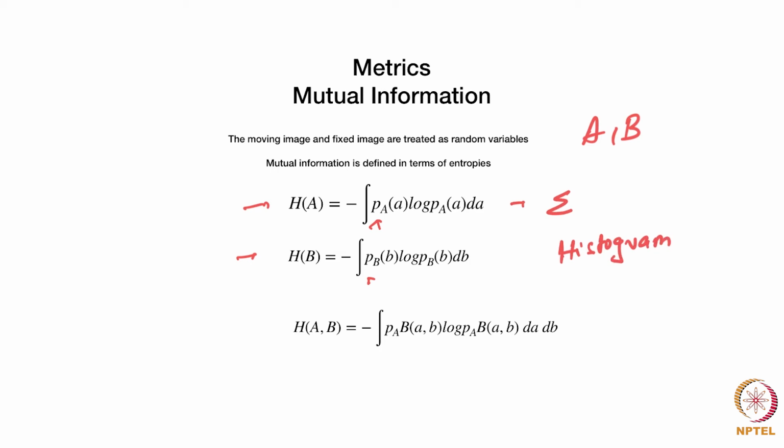There are, of course, some kernel based methods you would use to make it into a continuous function, but histogram is a pretty good way of doing it. So we want to maximize mutual information, and how does this work? You might ask, what is the idea behind maximizing mutual information? That is the question that we will try to understand here.